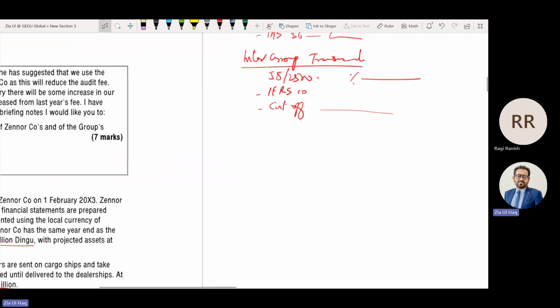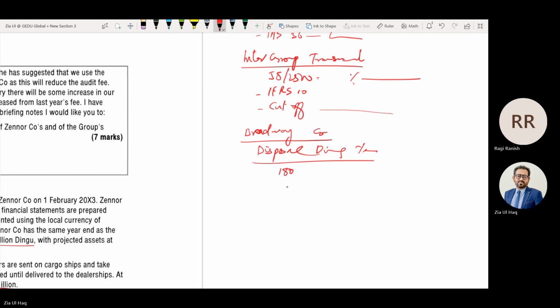So we'll put a heading, Broadway Company, because this risk is relating to Broadway Company, and we will say disposal during the year. This is the issue. 180 million disposal, revenue is not given, so we can compare with the total assets and hence material, and 25 million we can compare with 200 profit and hence material.